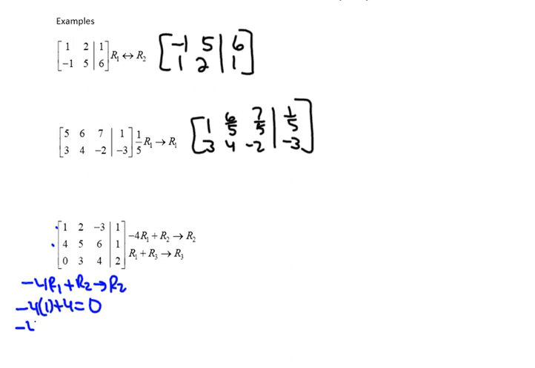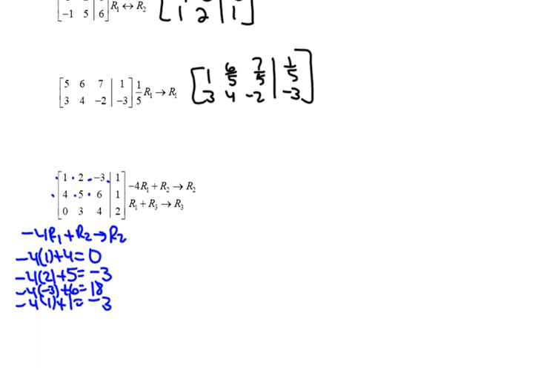Now I'm going to take negative 4, multiply by 2, and add it to 5, and get negative 3. I'm now going to take negative 4, multiply by negative 3, and add it to 6, and get 18. And then on the other side, negative 4 times 1 plus 1 is negative 3.